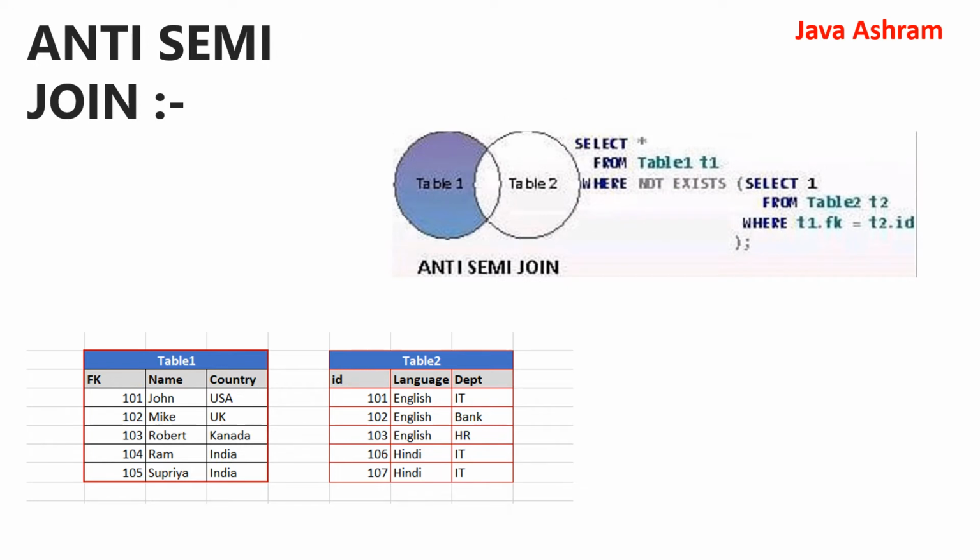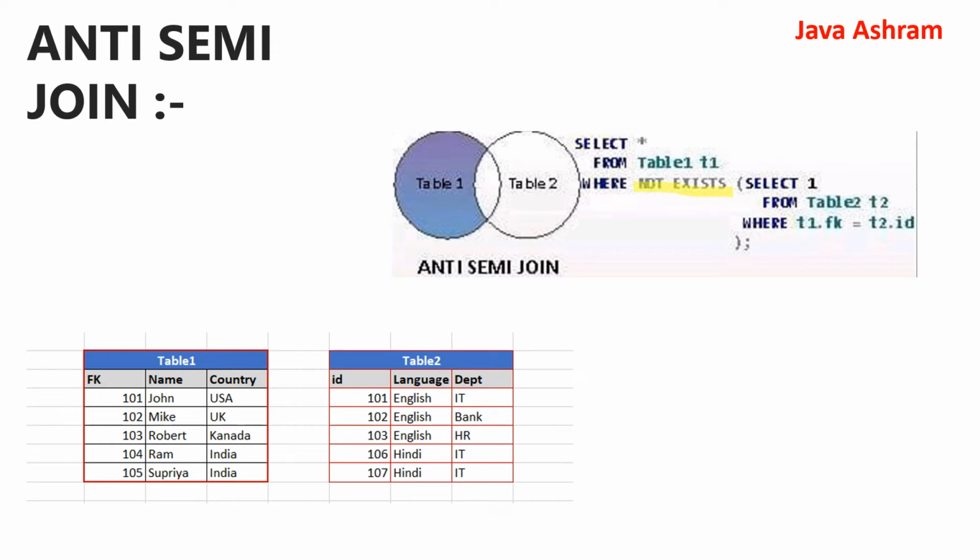Let's move to anti semi join. What it does is give you the data from table 1 which is not present in table 2. How will you use this anti semi join? Using the not exists keyword.